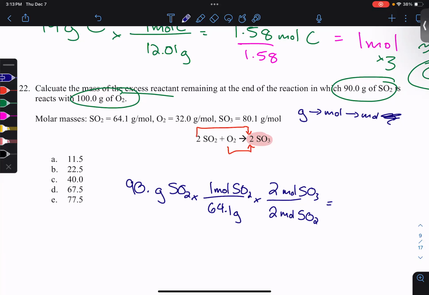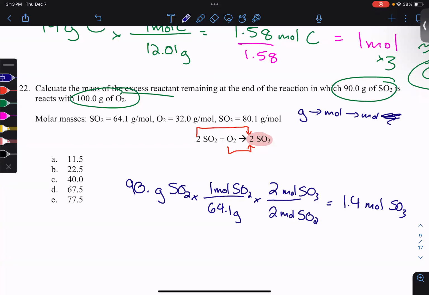So that mole amount, I make 1.4 moles of SO3. Oh, and I just looked at my key. I did the key a little bit differently, and that's fine. There are different ways you can do this, okay? So I'm going to just do it this way.